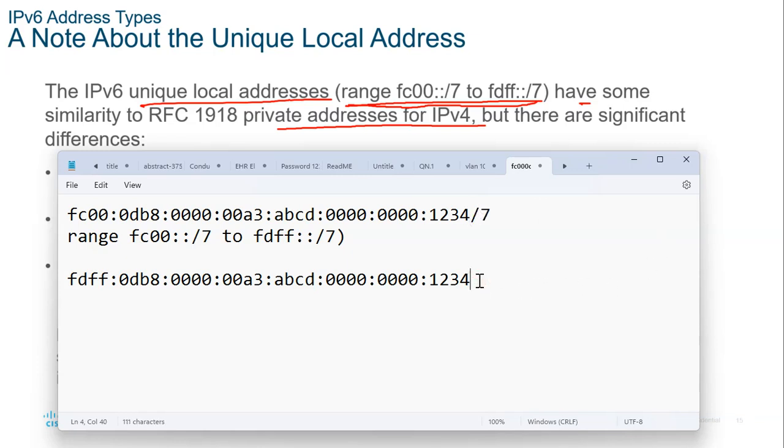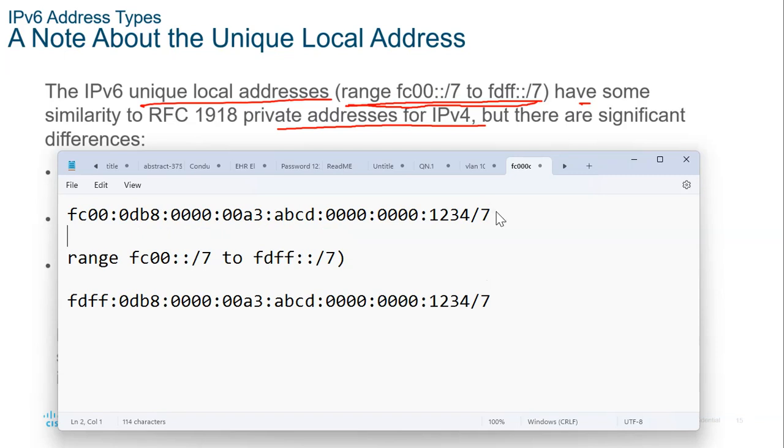What does this mean? When you convert this, we're saying that with /7, they have to be the same from the start up to the last.